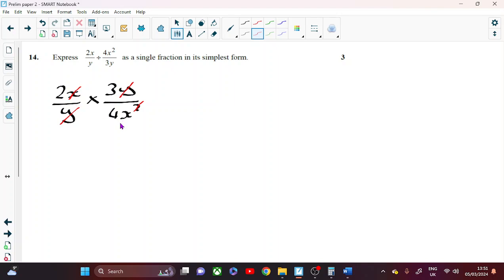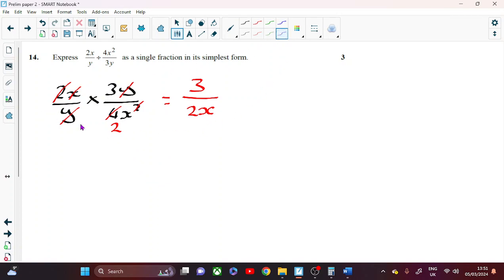I've got a 2 here and a 4 here. That 2 can cancel with that 4, giving me 2 down here. In total, I have 3 left on the top and 2x left on the bottom.